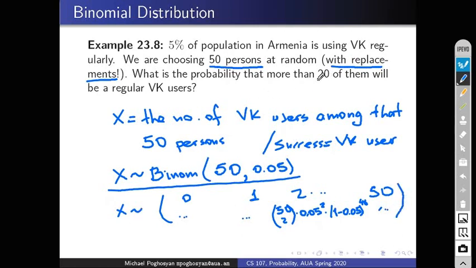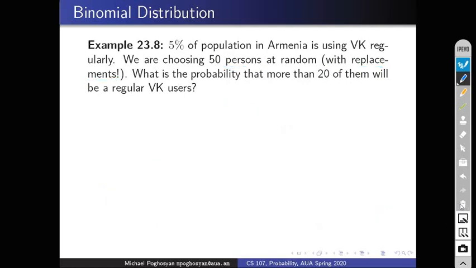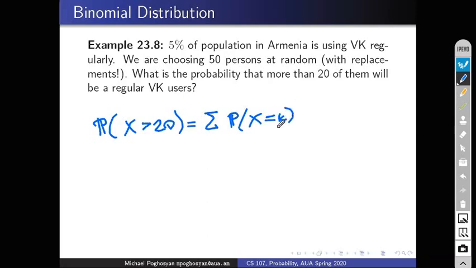and having the PMF, we can calculate the probability that more than 20 of them will be regular VK users. So let me write that probability in the form of a sum. We are interested in X being larger than 20. So this is the sum of the probabilities that X is equal to k, where k is running from 21 to 50.